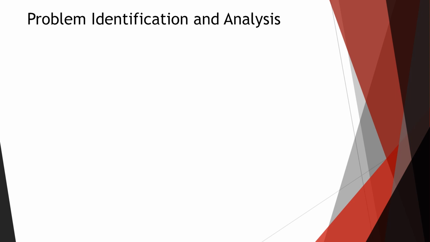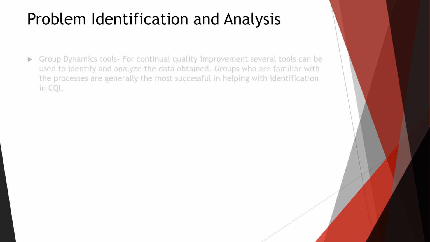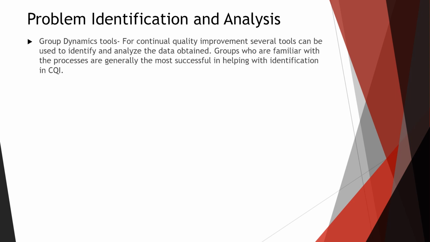Let's talk about problem identification and analysis. Group dynamic tools. So for continual quality improvement, several tools can be used to identify and analyze the data obtained. Groups who are familiar with the process are generally the most successful in helping with identification of the problem. So some of the tools that can be used is like brainstorming, where a large group just collects ideas.